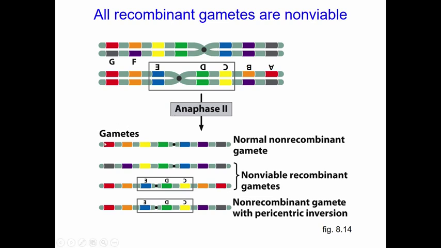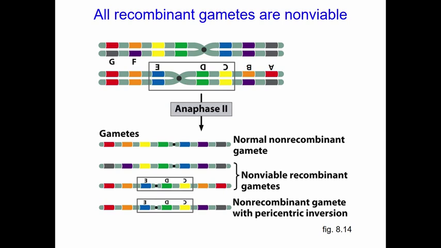And these two, the top one that doesn't have the inversion and the bottom one that does have the inversion, are just fine. The reason they're just fine is because both of them have 1 copy of every gene on that chromosome. And the reason they have 1 of everything is that even though they were involved in the inversion loop, no recombination took place.